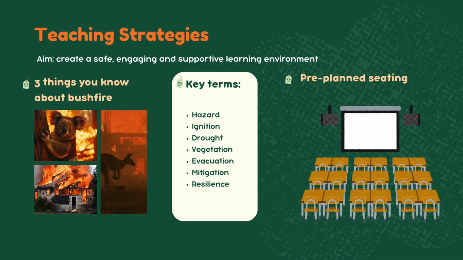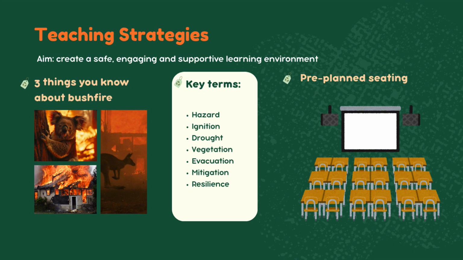I used mini whiteboards because they encourage whole class participation and allow every student to respond rather than relying only on confident volunteers. Vocabulary instruction was also included, with key terms such as hazard, evacuation, resilience, and mitigation. This is important because disciplinary language is often a barrier to success in geography.